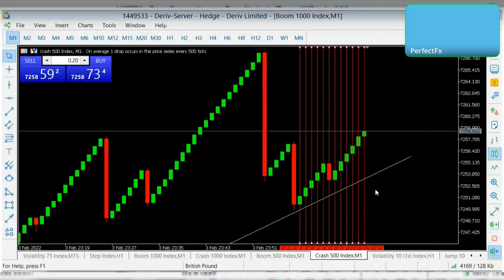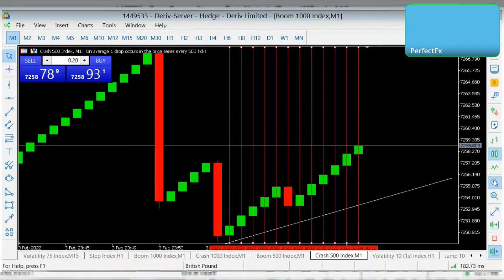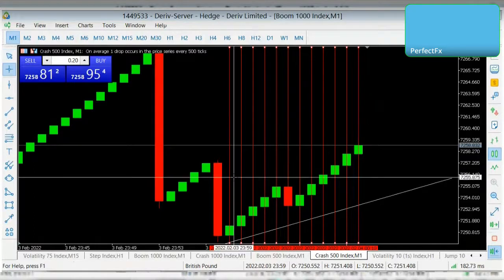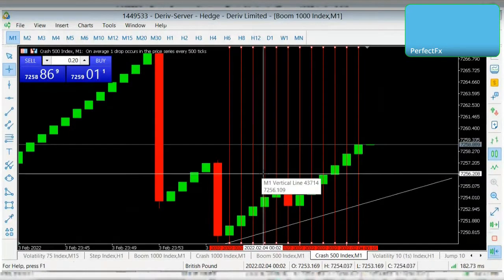We might be seeing a spike any moment from now, but we would have gotten our 10 candles and we would have exited the market. That is not really our issue, because we would have exited the market from our point of entry. You get that, guys?